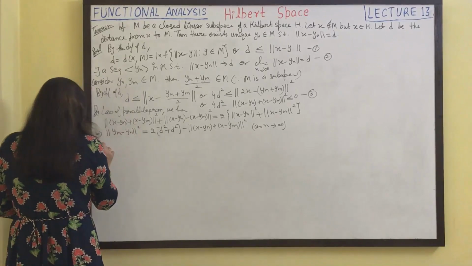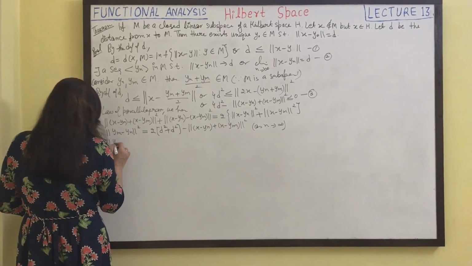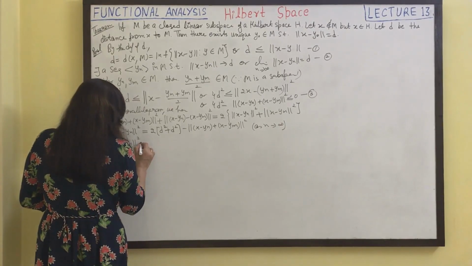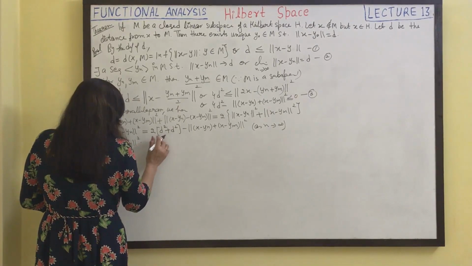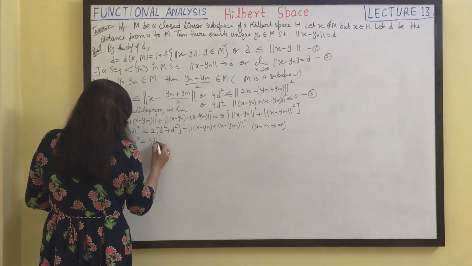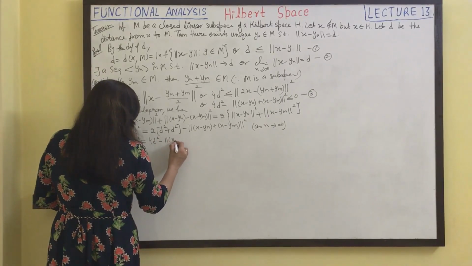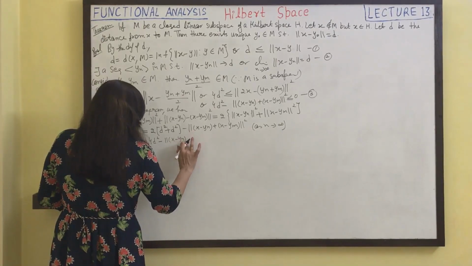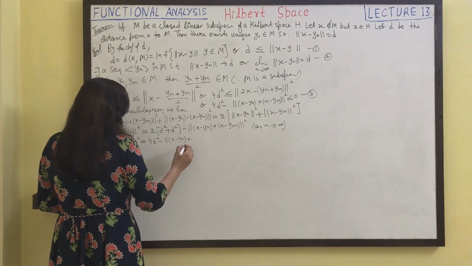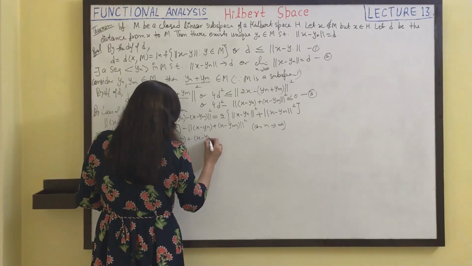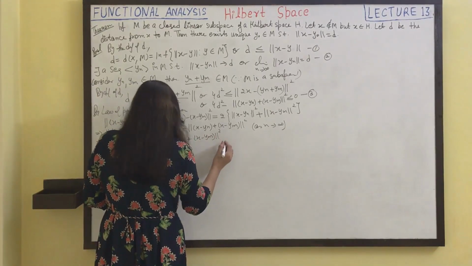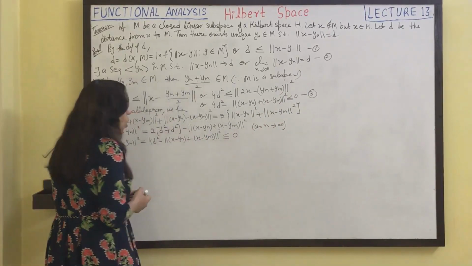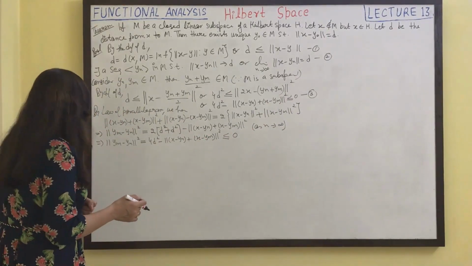Now, this can be written as norm of ym minus yn squared is equal to 4d squared minus norm of (x minus yn) plus (x minus ym) squared, and from the third it is less than or equal to 0.